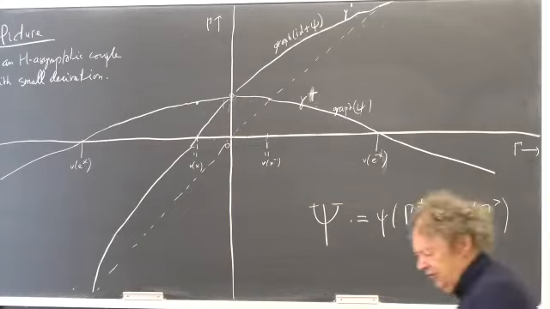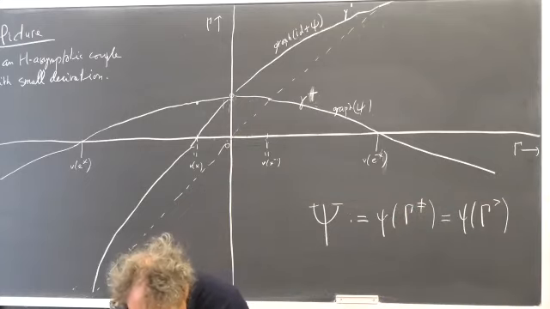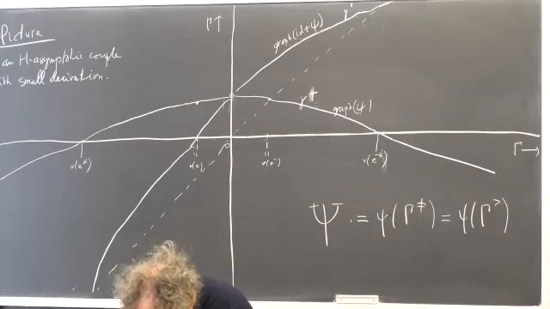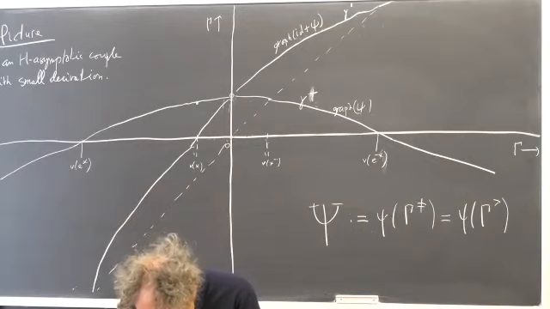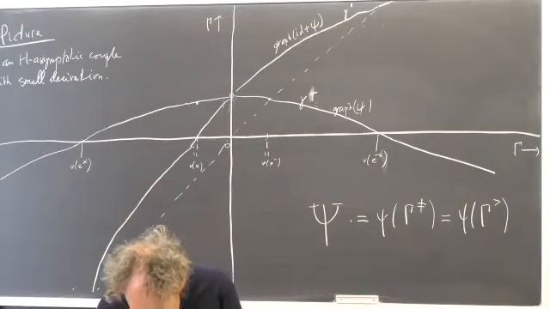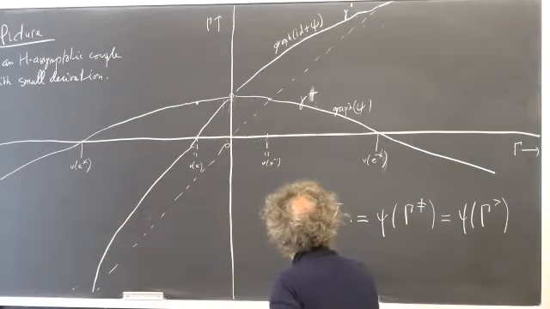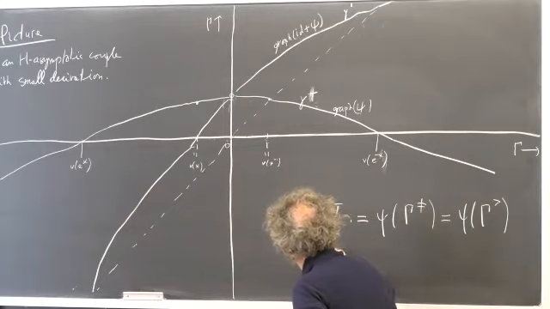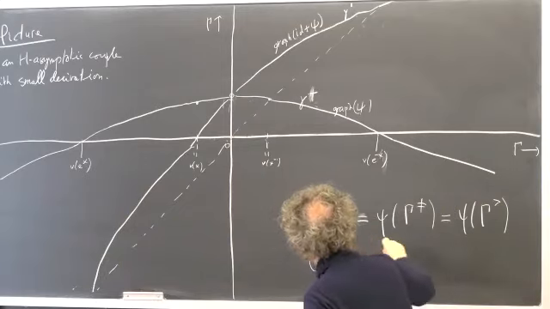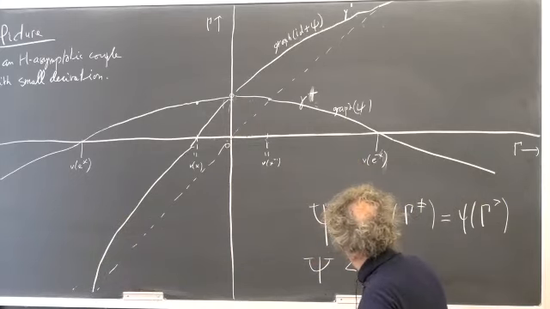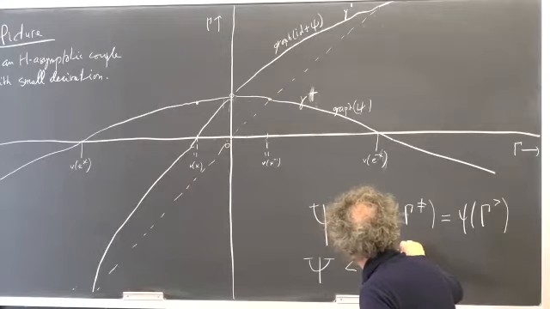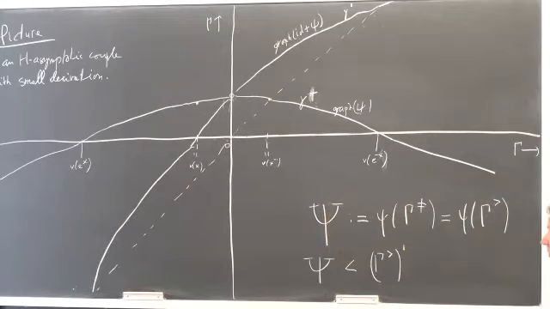Everything in the psi set is less than everything in the set of derivatives of positive elements.